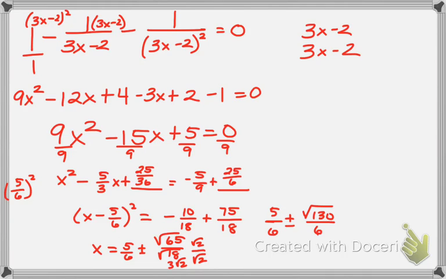I'm kind of defective. You should have gotten 5, 6. On the other side, you did plus or minus 25 over root 6. 5 over 6. Oh, that's what I got. Yeah, I see what you did wrong. You did 25 over 6. Oh, it's supposed to be 36. Yeah. Thanks.